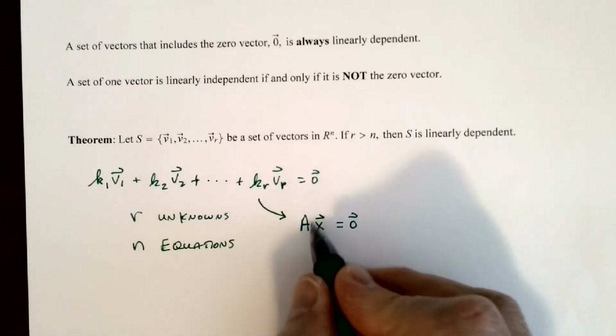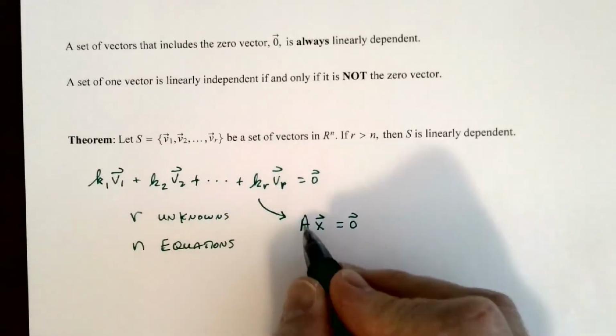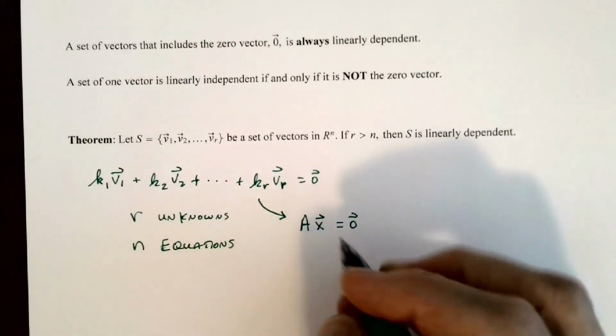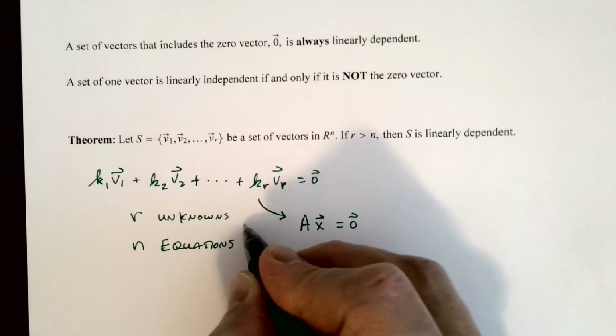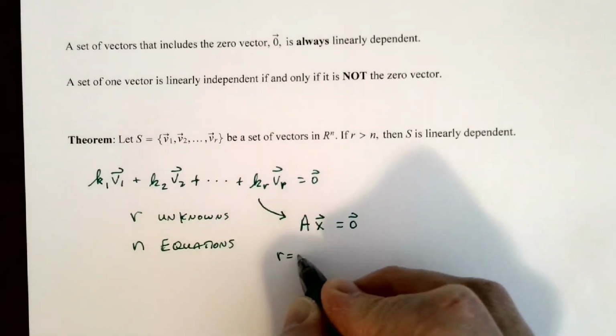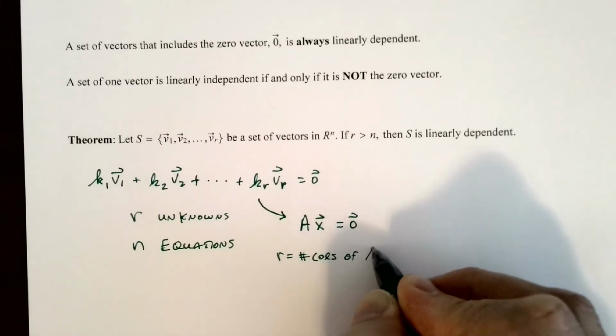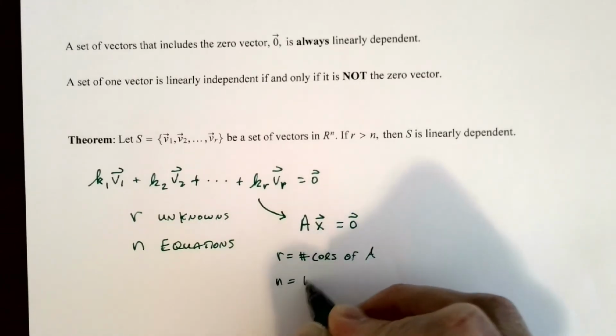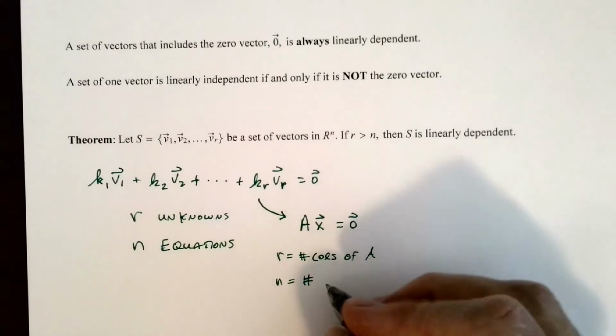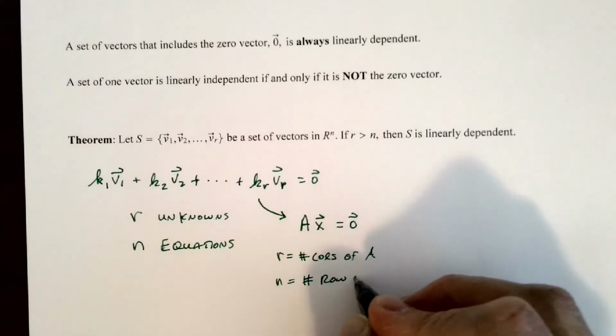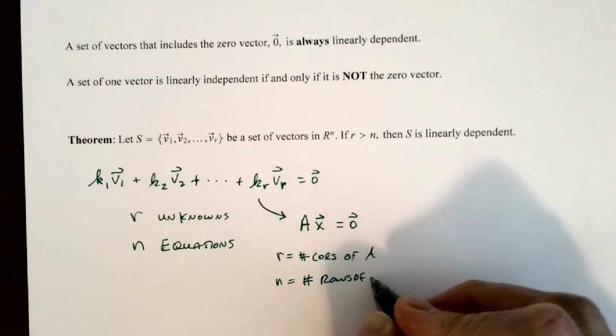Columns of A. The number of unknowns is the number of columns, right? So r equals the number of columns of A. And n is equal to what? Each equation gives us a row for the coefficient matrix A. Number of rows of A.